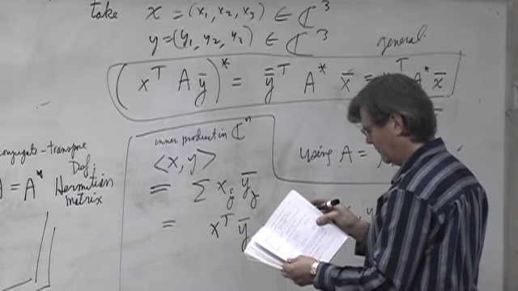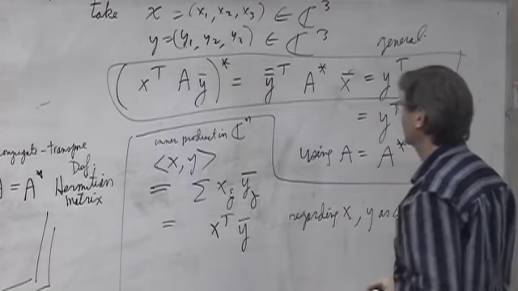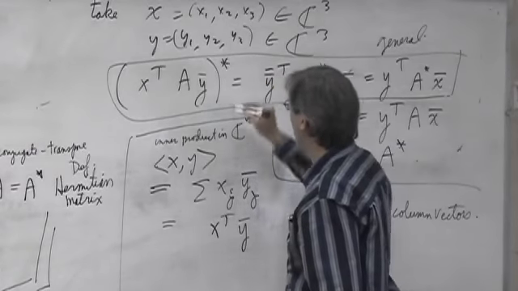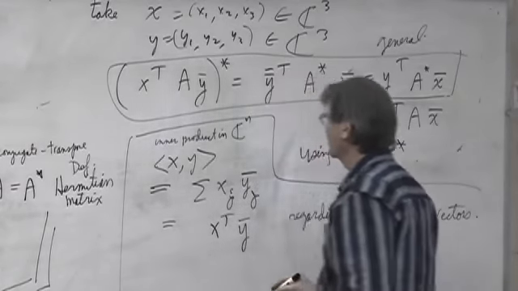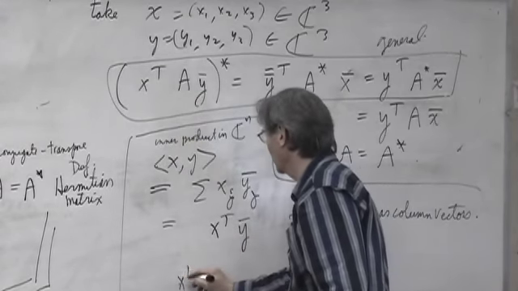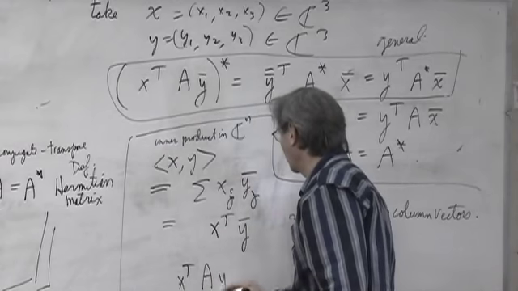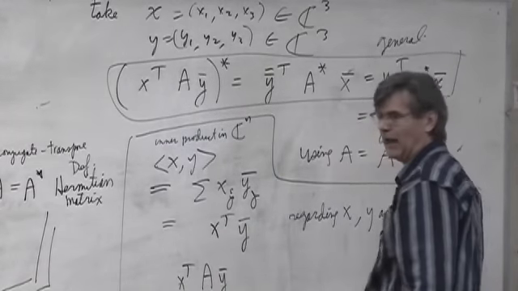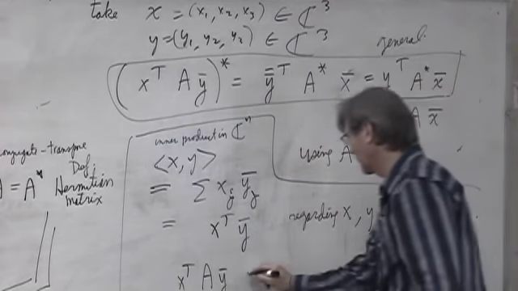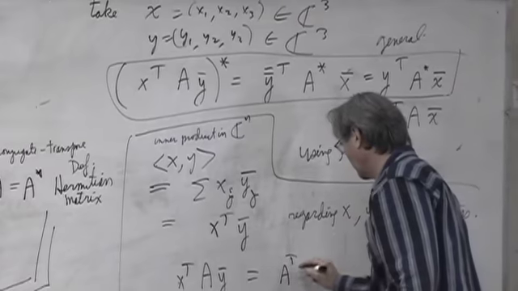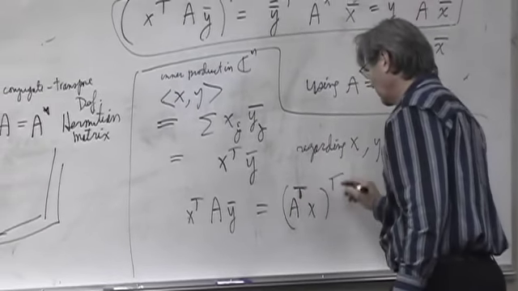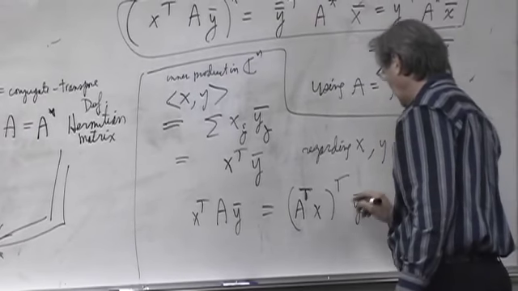Okay. So what I have is that this one, which is the one I want to focus on, x transpose A y conjugate, even though it works out nicely in this formula, is going to be written as A transpose x transpose y bar like that.